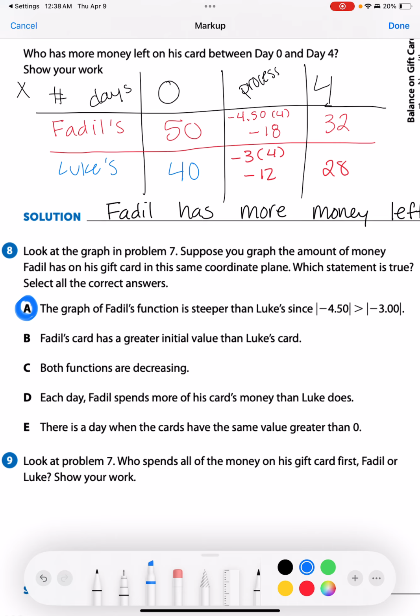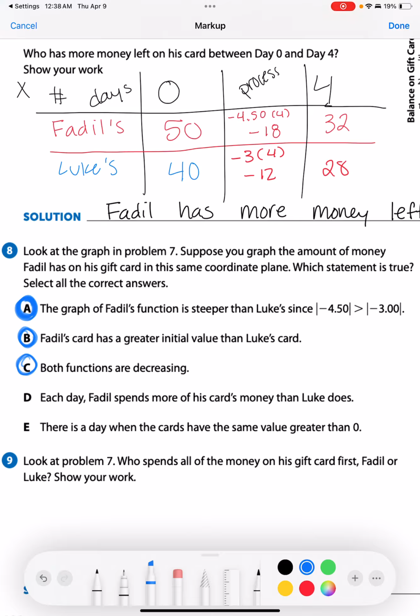All right, Fadil's card has a greater initial value than Luke's card. Also true. Fadil starts with 50, Luke starts with 40. All right, both functions are decreasing. They both have a negative slope. That is true. Right, the money on their card is going down.